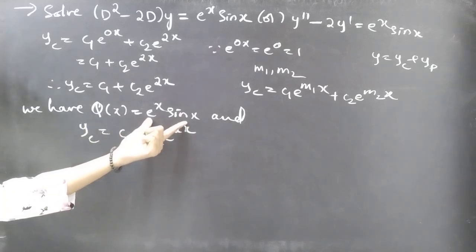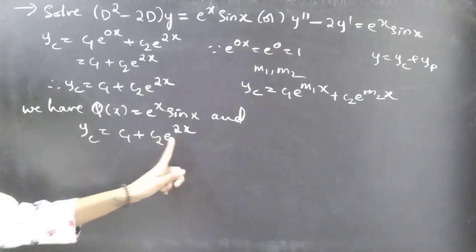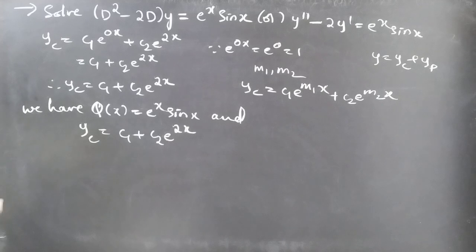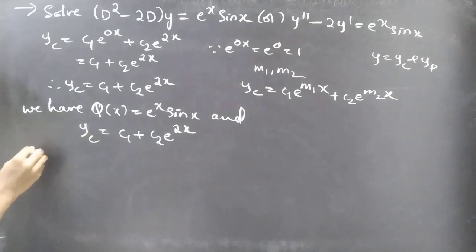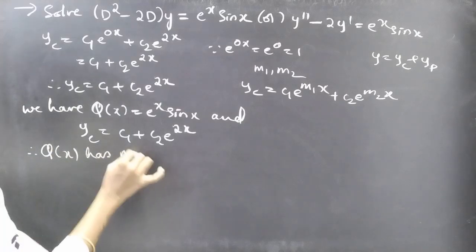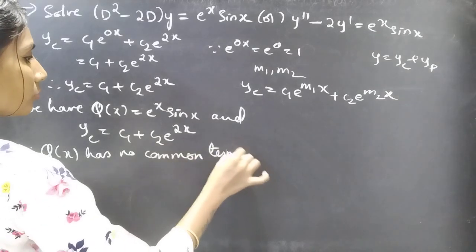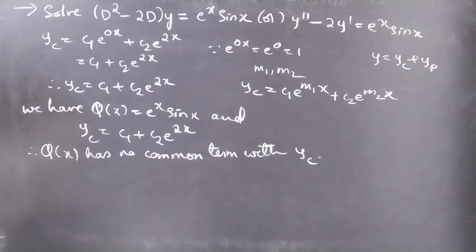In Q(x) we have e^x sin x, and here we have a constant times e^(0x) and e^(2x). We don't have any common terms in these two. Therefore Q(x) has no common term with yc, so we can choose yp.